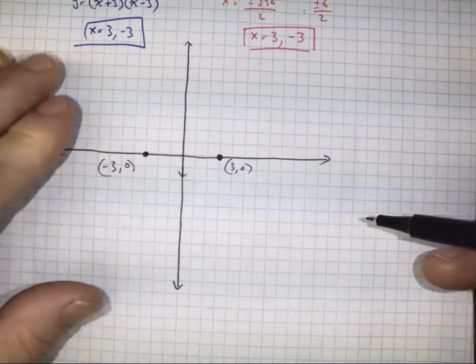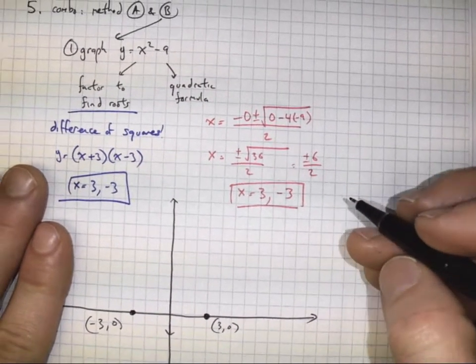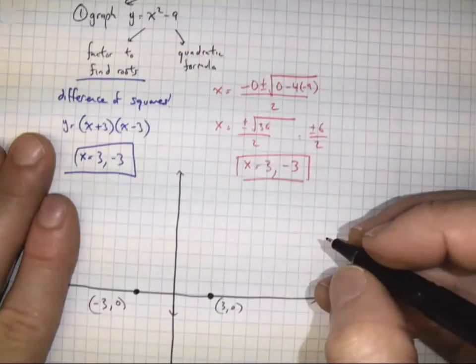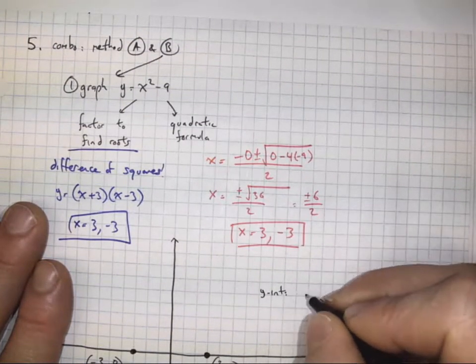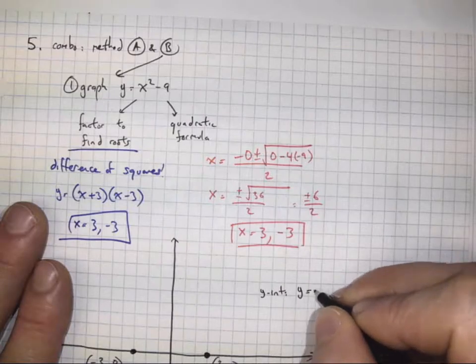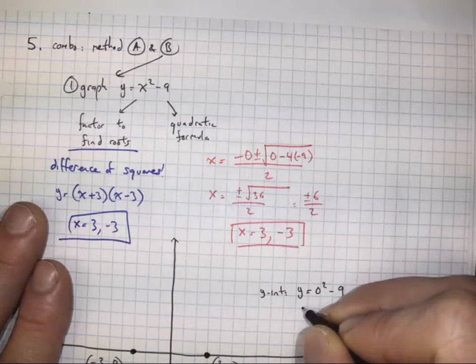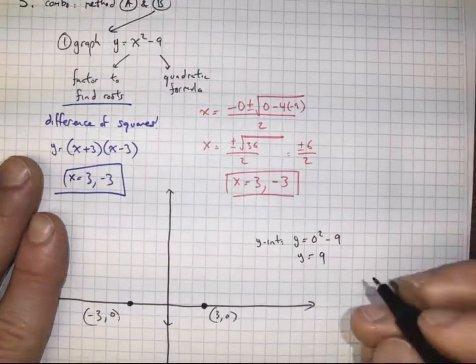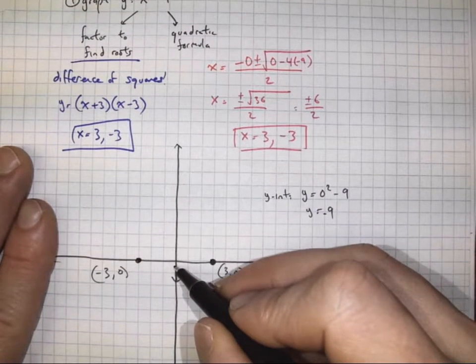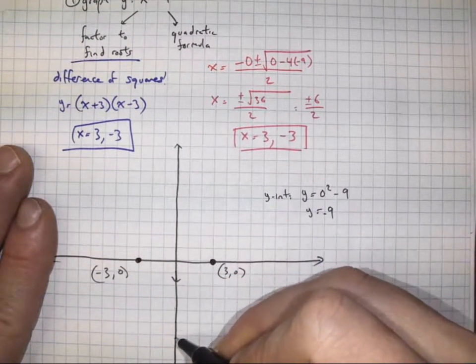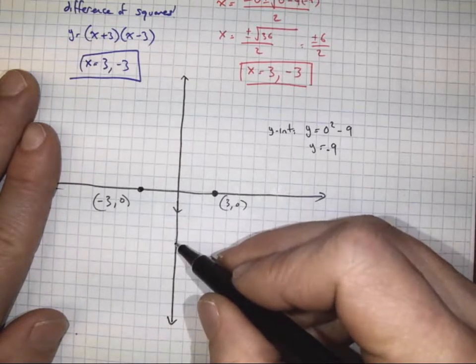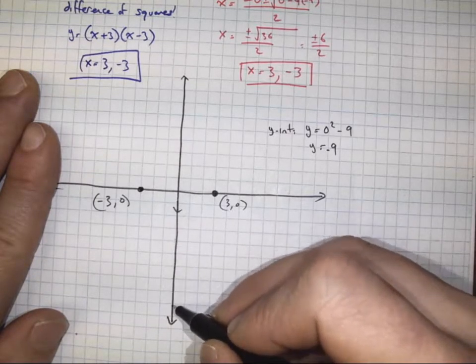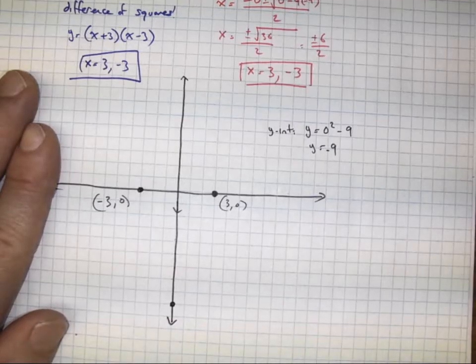And I should probably find the y-intercept. So the y-intercept will be when x is 0, negative 9. So it goes down 1, 2, 3, 4, 5, 6, 7. Lost track. 4, 8, 9.